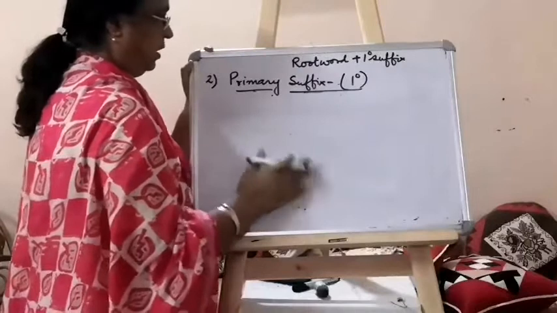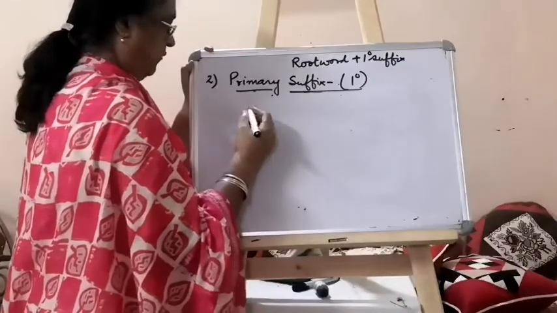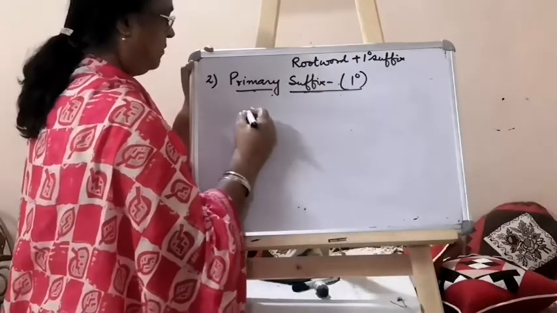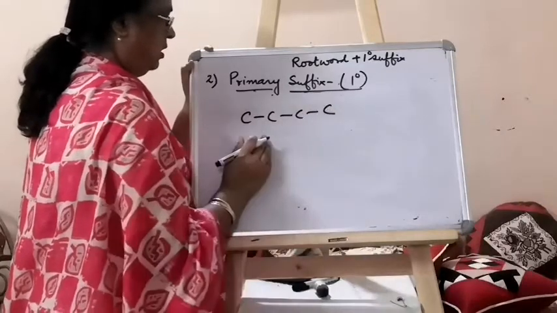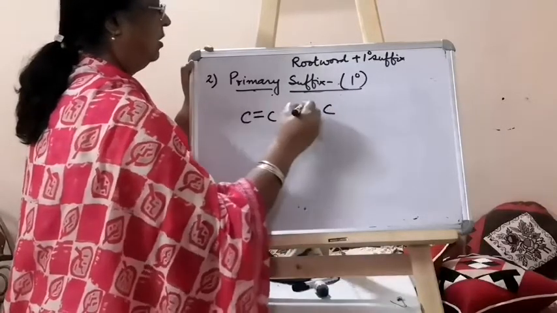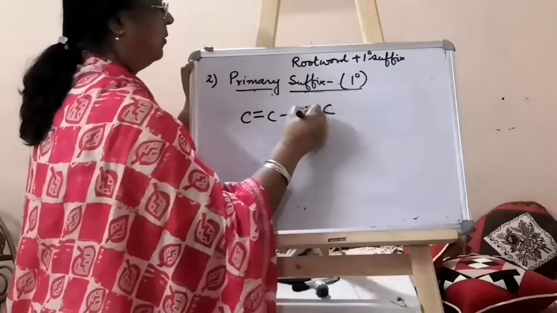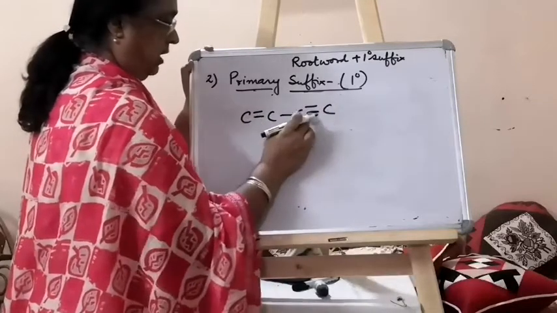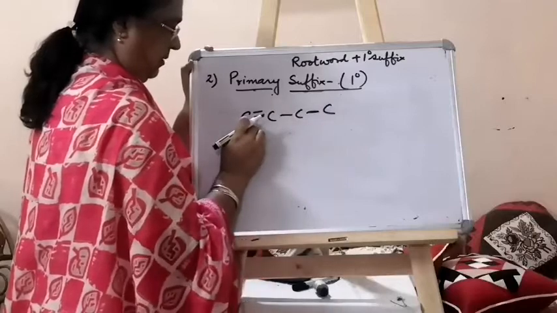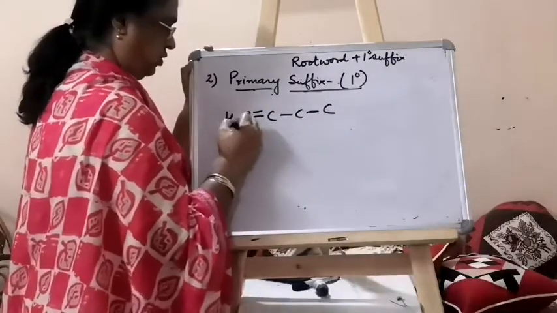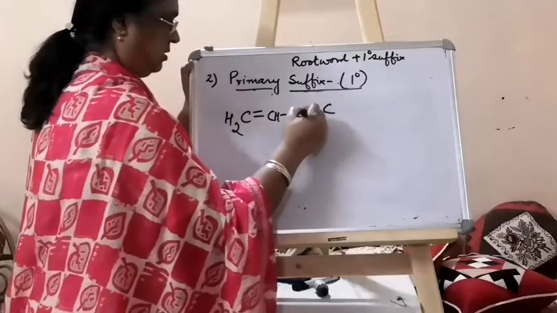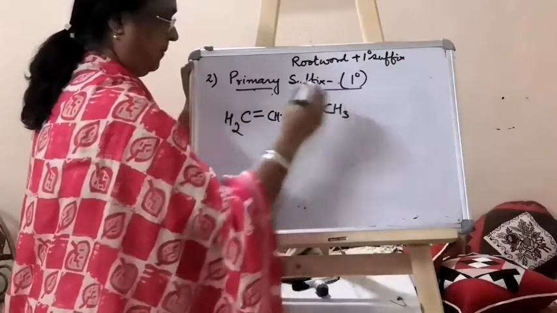So for example, if I give you here 1, 2, 3, 4, this is for a double bond. If I show a double bond here, and here no double bond, then here it will be H2. This is H, this is H2. This is 3.